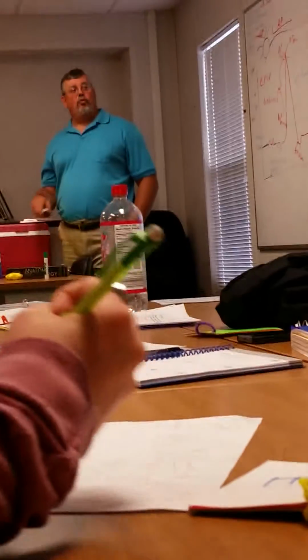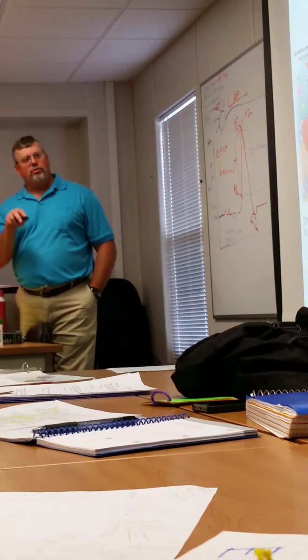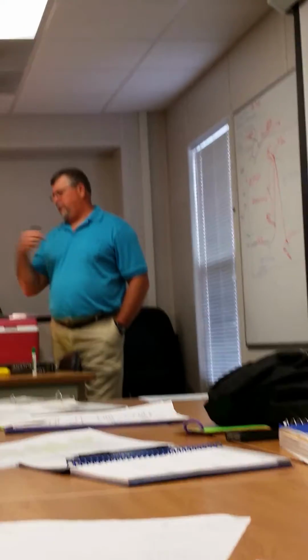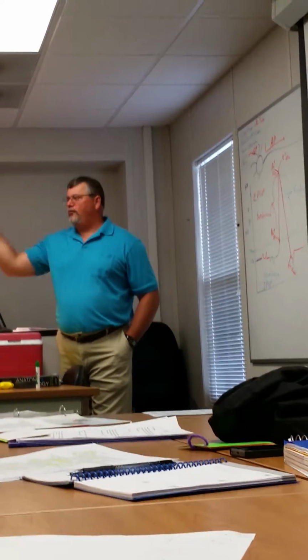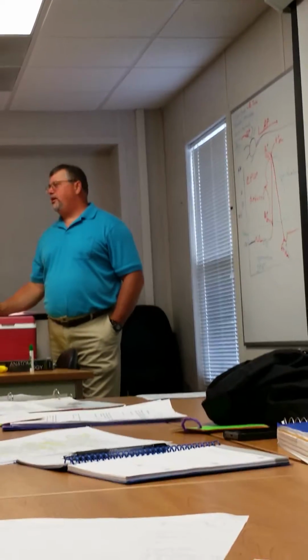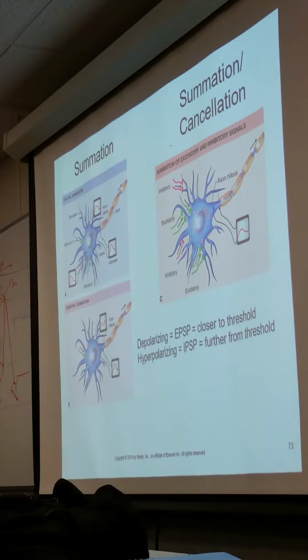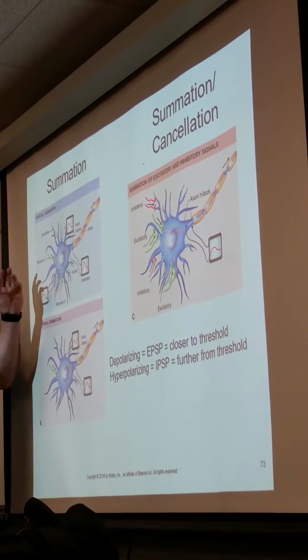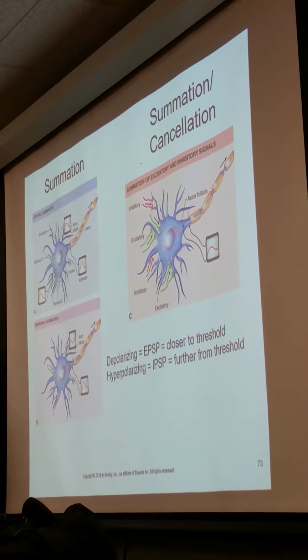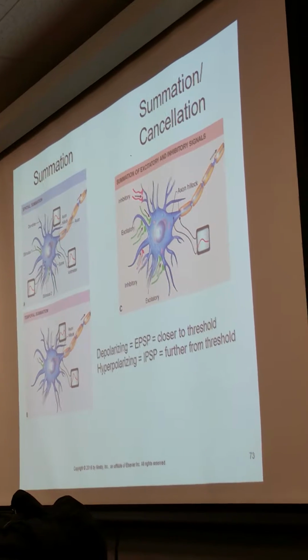If it's released directly at a synapse onto a receptor, it's a neurotransmitter. If it's dumped in the bloodstream and circulates around the whole body before it finds a receptor, it's acting as a hormone.